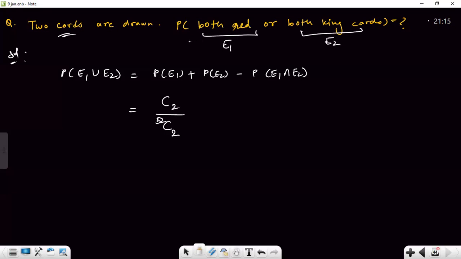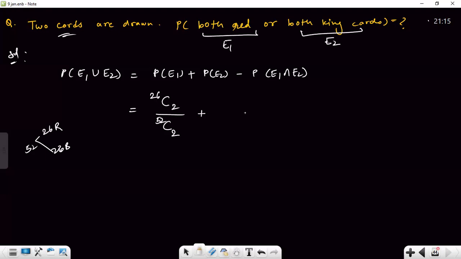There are 26 red, 26 black. So we have to select two red cards from 26 red cards.